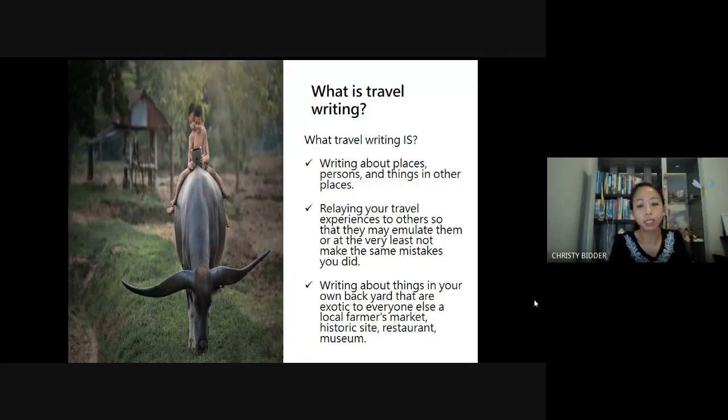Ladies and gentlemen, travel writing is basically writing about an aspect of travel, any aspect. Travel is very broad, but usually travel writing revolves around such things as places that you visit on a trip, people that you meet on a journey, and things that you see or do while in other places.